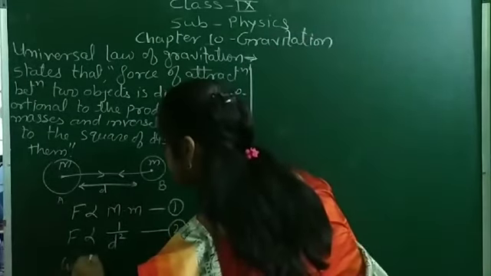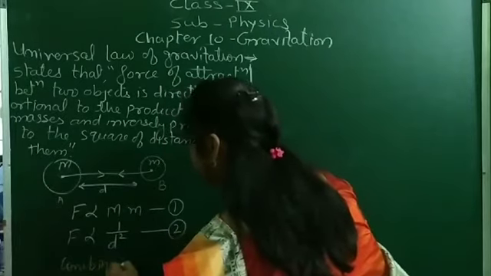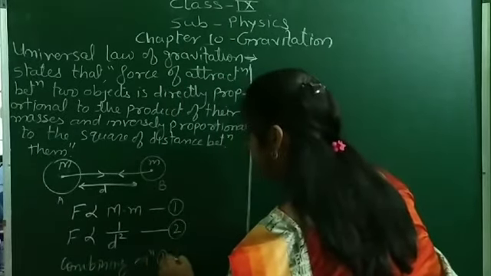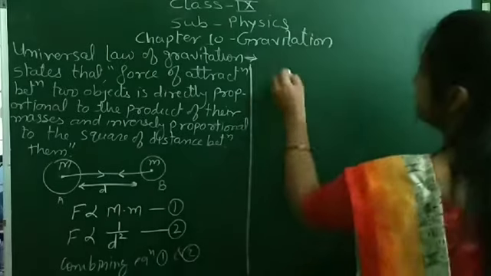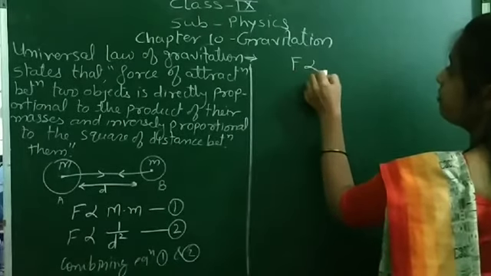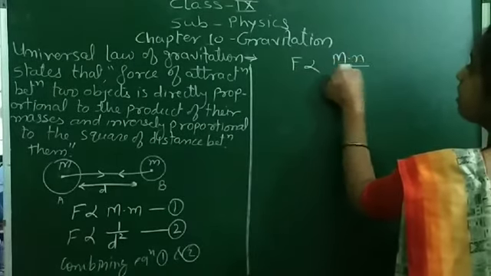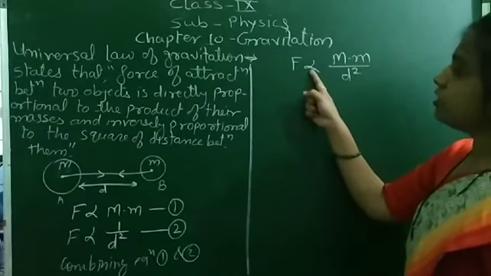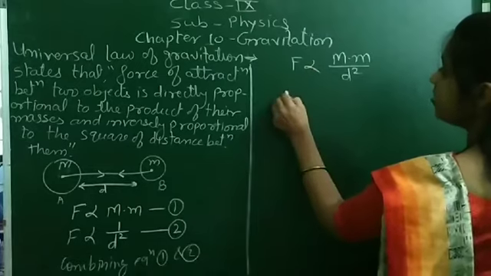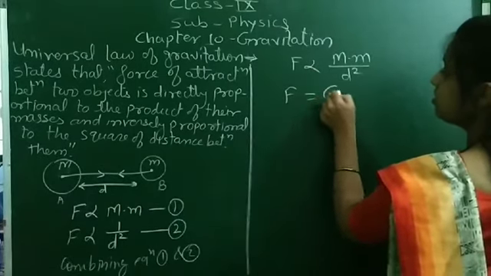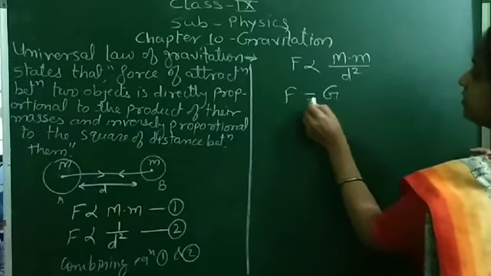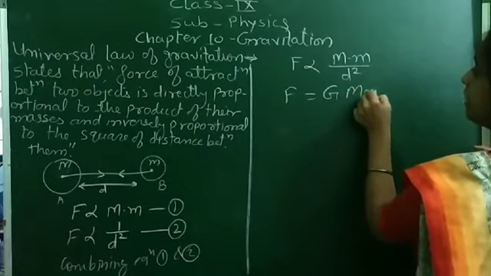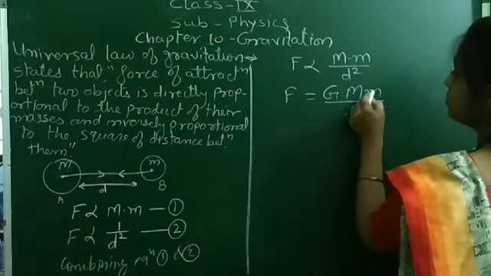Combining equation 1 and 2, F is proportional to M m upon D square. When we remove the proportionality sign, we have to take a constant, and that constant is called capital G. Therefore the equation becomes F equals G M m upon D square.